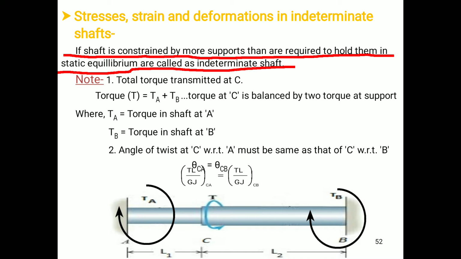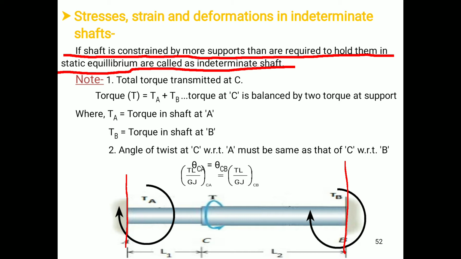From this figure you can see a shaft which is fixed at A and at B. This particular shaft can be considered an indeterminate shaft because the number of unknowns is greater than the number of equations of equilibrium.